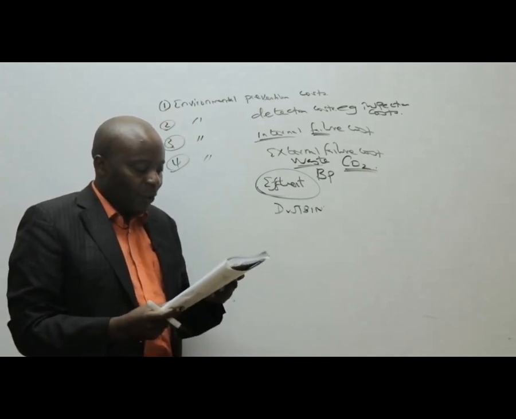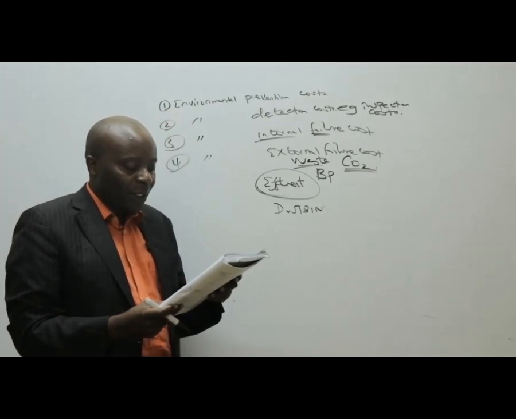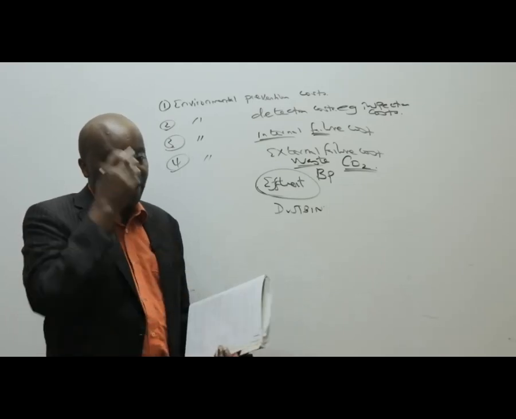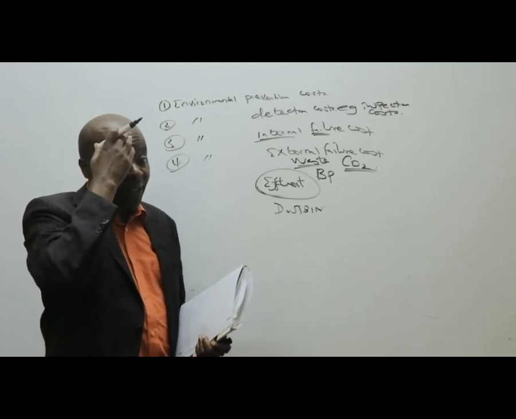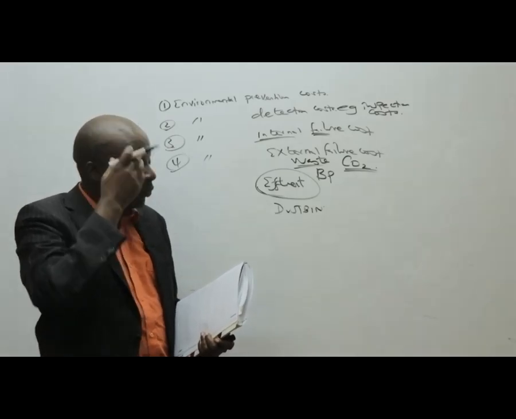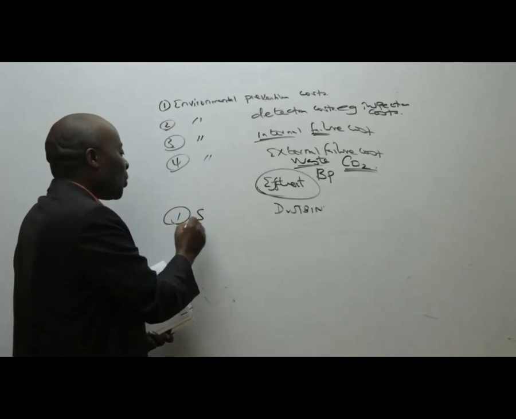So we have number 2, describe 2 models that could be used by a management accountant to scan risks in their operating environment. Scanning of risks in the environment, this is also popular in SG. Scanning of risk, of course, we are looking at two models here, models which are used to scan the environment.